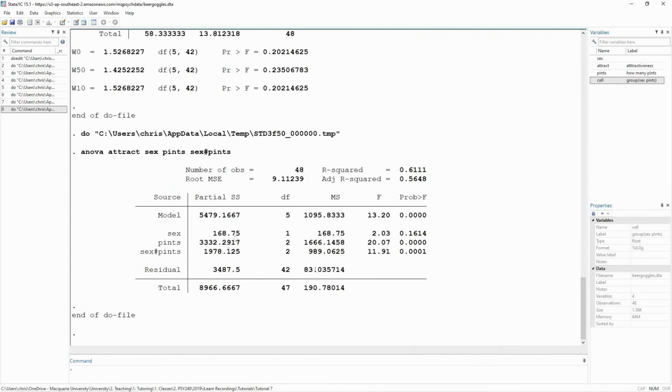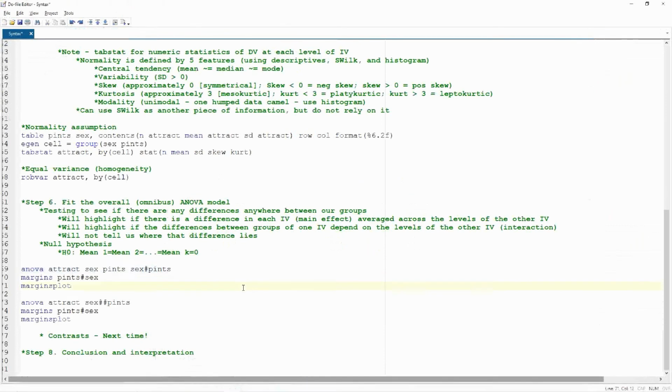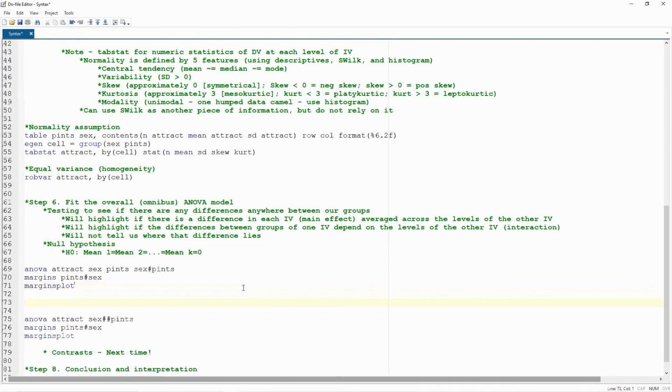And I can actually tell this by looking at the degrees of freedom. Sex has 1 degree of freedom, which means it must have 2 groups. And I know that it must have 2 groups because if I go back and think about the formula, degrees of freedom for our IV is k minus 1.